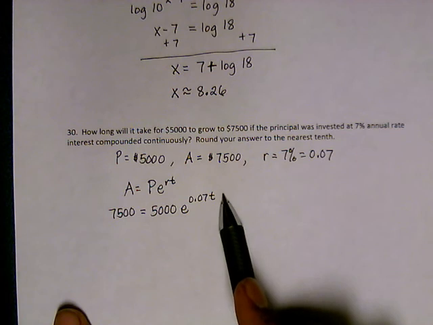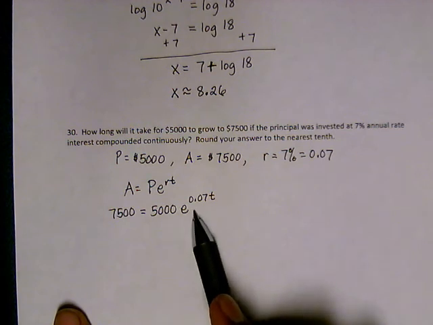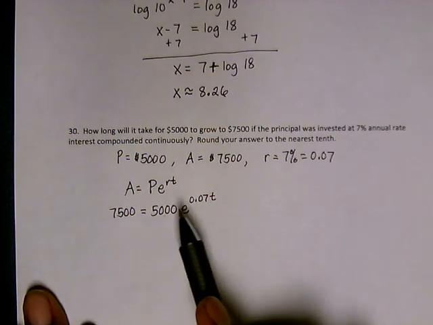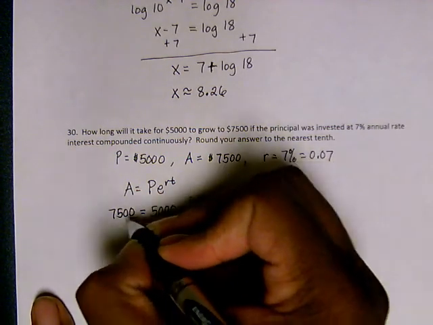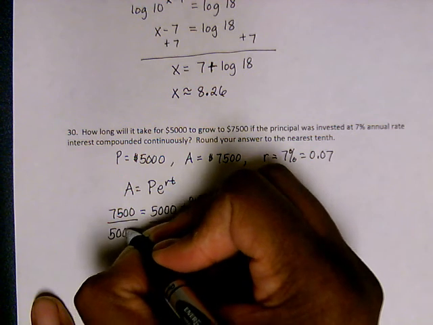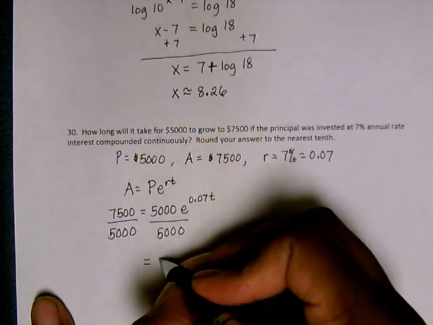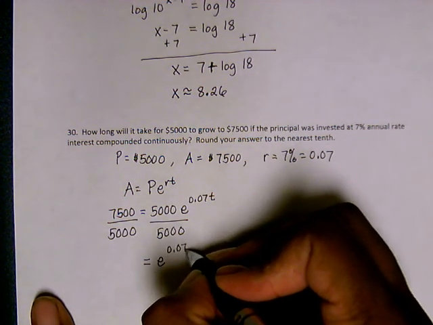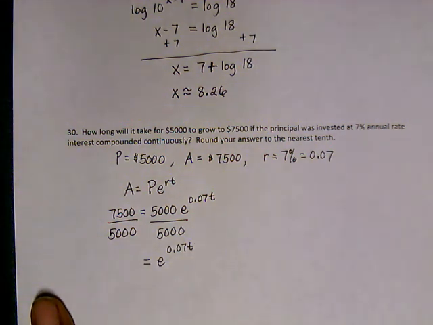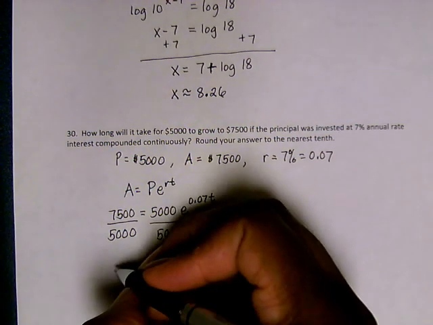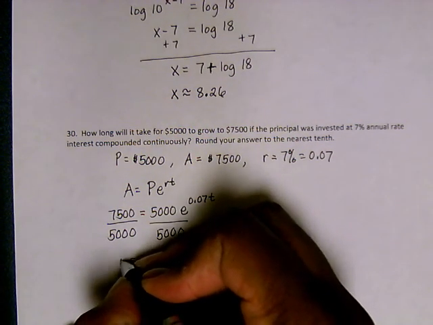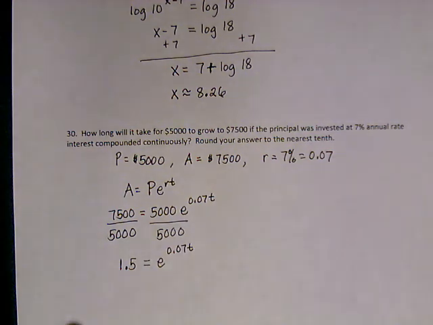I do need to get the exponential part by itself. That e to the 0.07t is being multiplied by 5,000. I need to divide by 5,000 on both sides. So here this will be e to the 0.07t, and 7,500 divided by 5,000 would be 1.5. So I got 1.5 equaling e to the 0.07t.